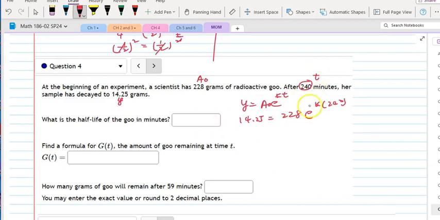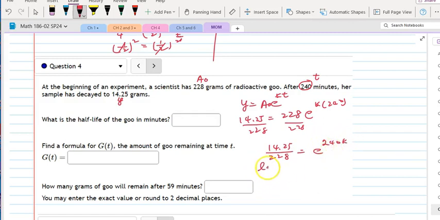So to solve for k, we do divide, not subtract. Divide by 228 to get rid of the 228. So 14.25 over 228 is equal to e to the 240k.